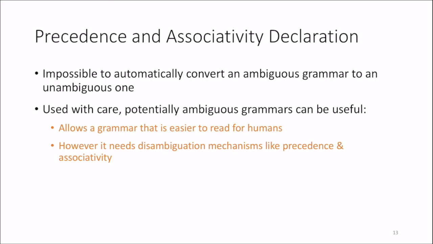It's much easier to read for humans. But if you do use those more ambiguous grammars, you do need some kind of disambiguation mechanism like precedence and associativity. So most modern compiler tools for generating a parser will allow you to specify precedence and associativity.